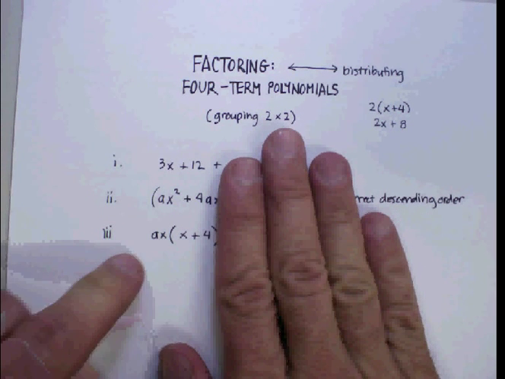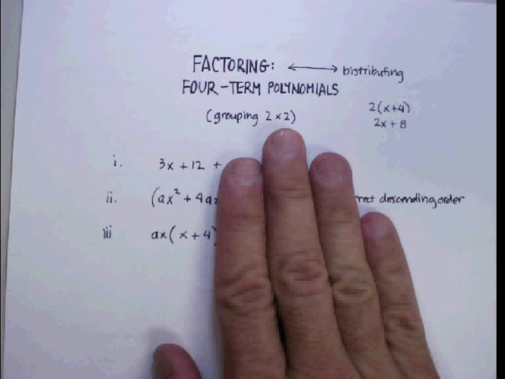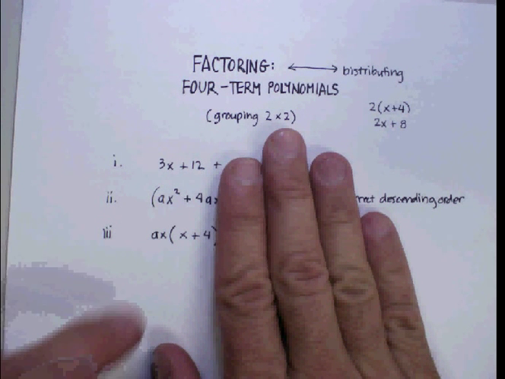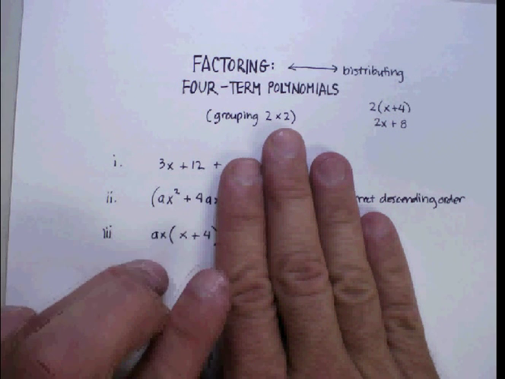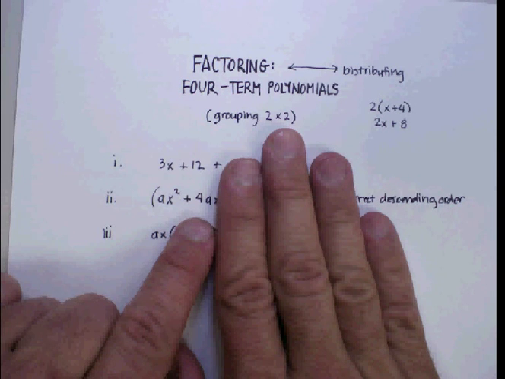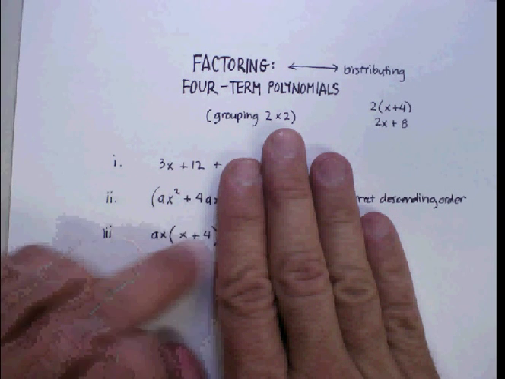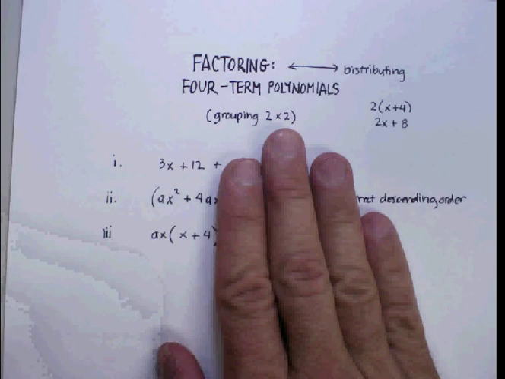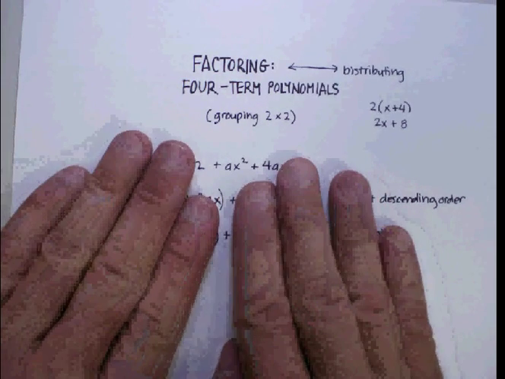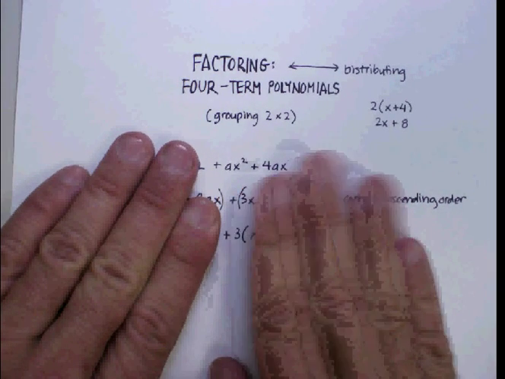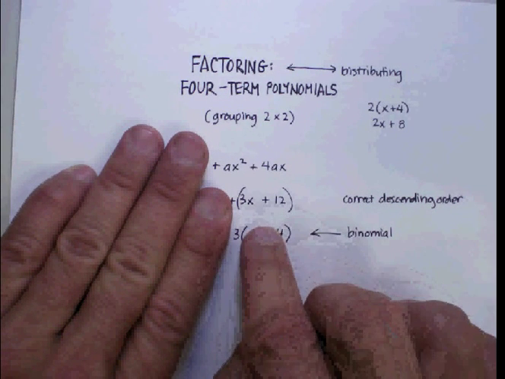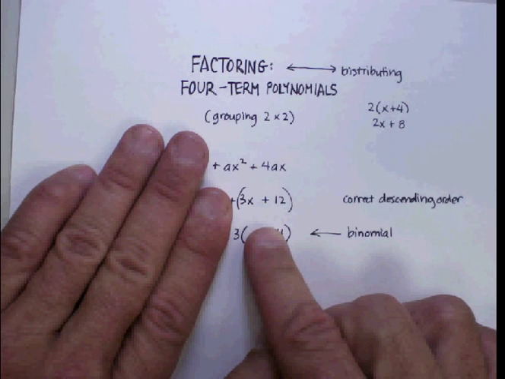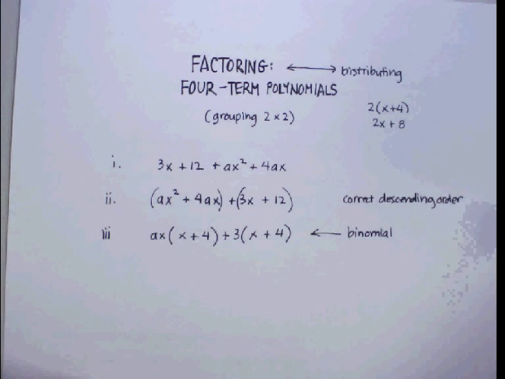A term is a collection of variables and numbers separated by multiplications. So here I've got a times x times the quantity x plus 4. You have to treat that together as one thing. So that's really just a multiplication, isn't it? And there's my separator, there's my addition or subtraction, and in this case I have the same thing, 3 times the quantity x plus 4. So really, in a sense, I've got a type of binomial here, don't I?